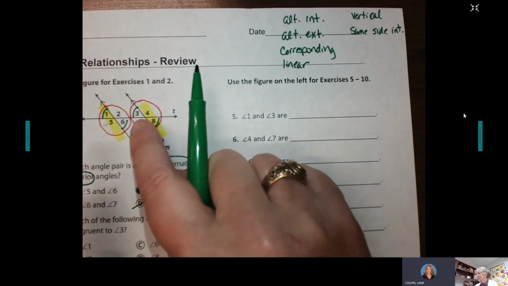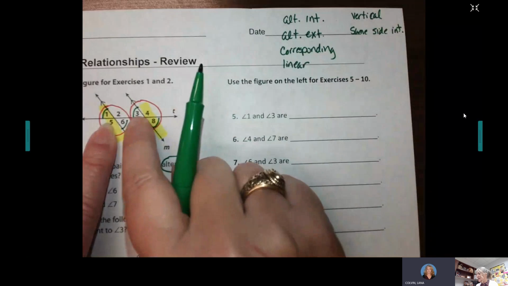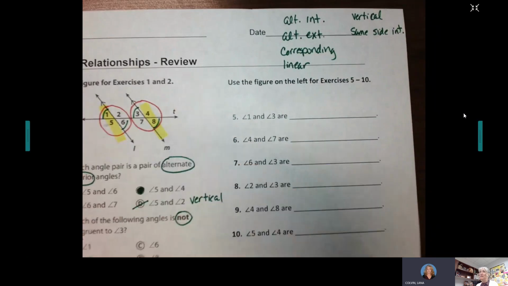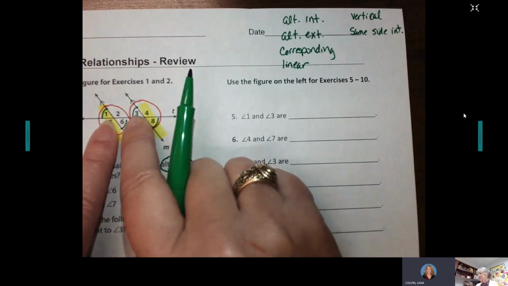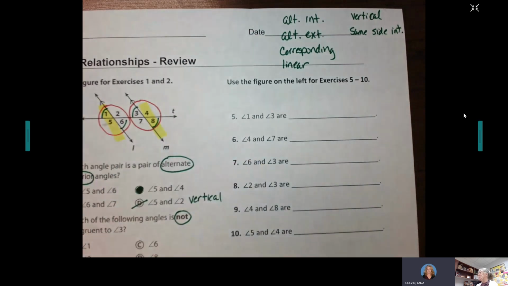They're not same side interior. This one is inside, this one is outside. They're in the same location. They're not alternate because they're on the same side of the transversal.